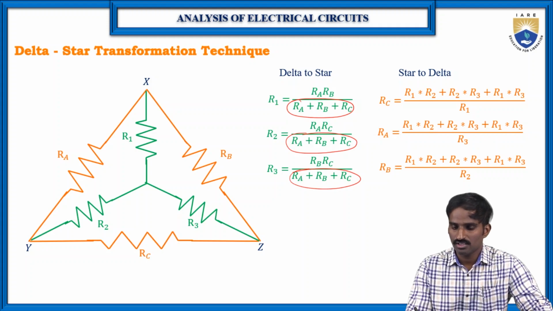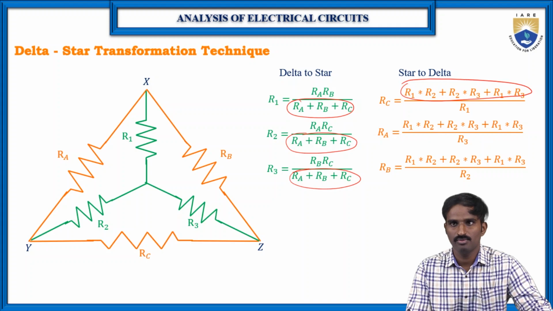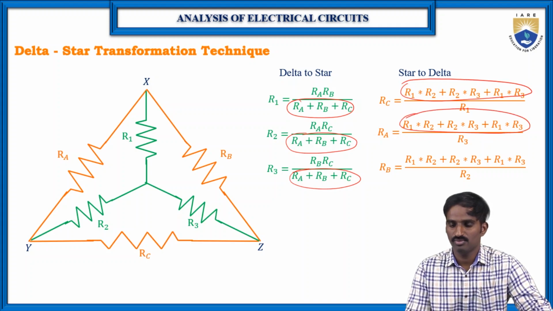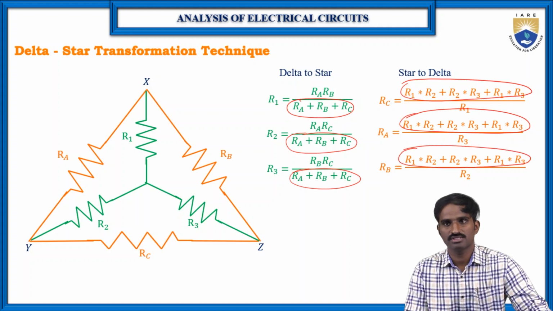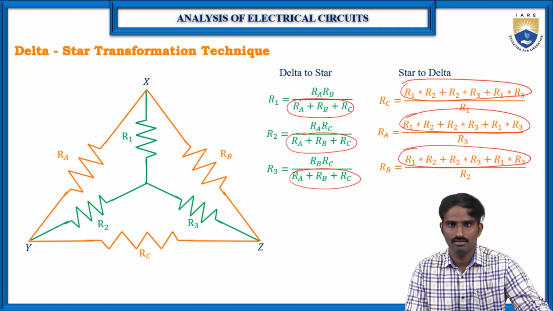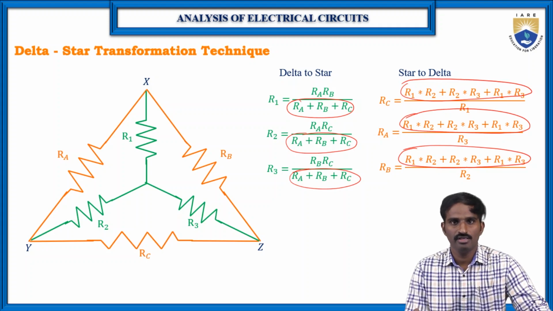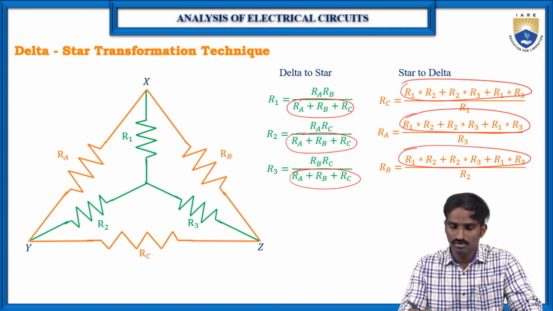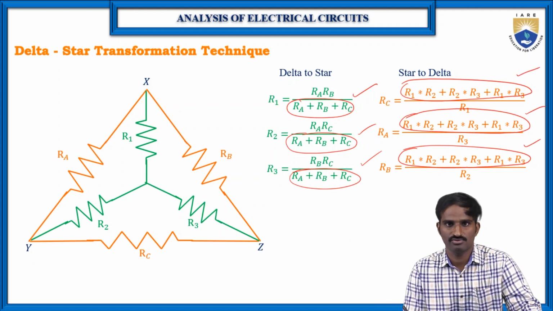And in star to delta, the numerators are the same, R1 R2 plus R2 R3 plus R1 R3, and here also, and here also, by R2. So this is the way to do star to delta and delta to star transformation. You have to remember these equations to apply them.